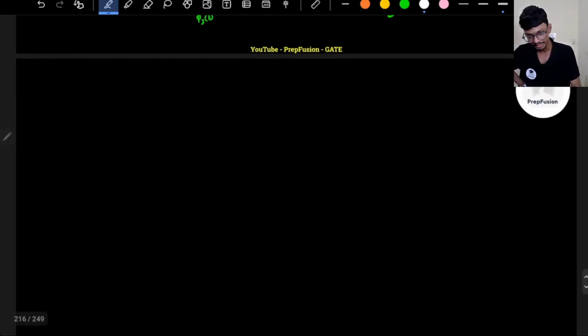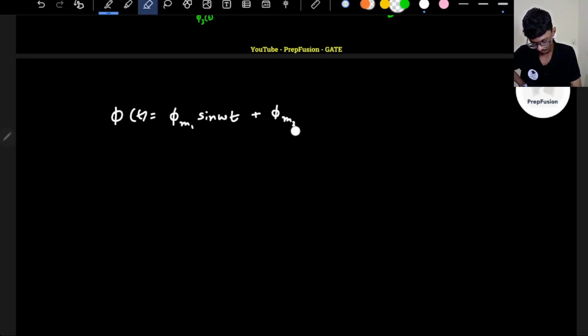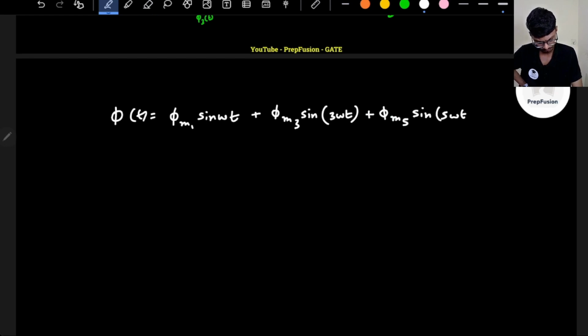So I know that my induced EMF will contain harmonics, because my flux has harmonics. So flux phi of t will be phi m1 sin omega t plus phi m3 sin 3 omega t plus phi m5 sin 5 omega t, and so on.